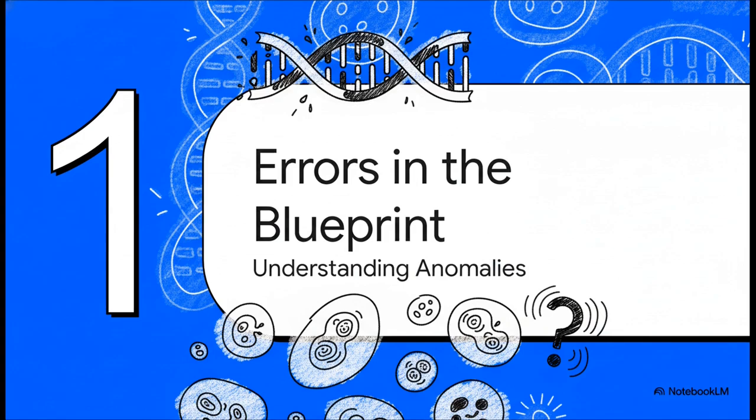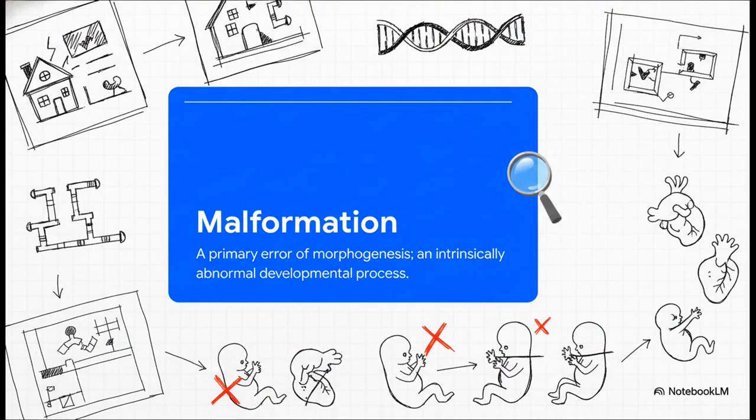Sometimes the trouble comes from the outside world during development. So let's start with the first type, a malformation. This is what we call an intrinsic error. The best way to think about it is like having a faulty architectural blueprint. Right from the beginning, the plan for how to build a particular organ was wrong. So, of course, the final structure is formed incorrectly. The problem came from within.